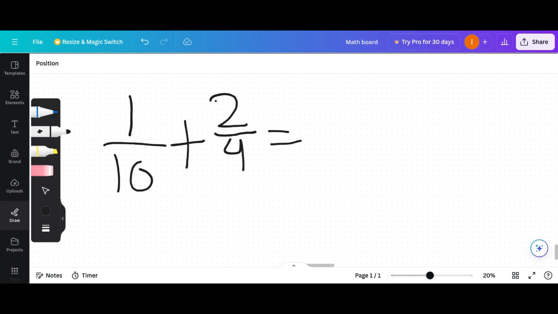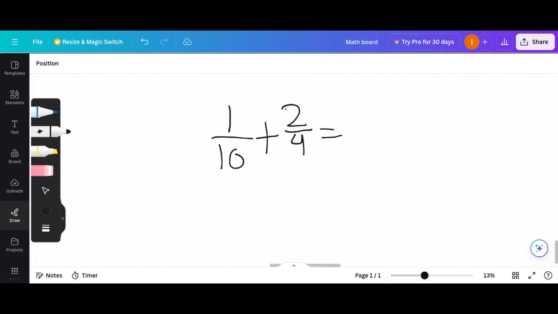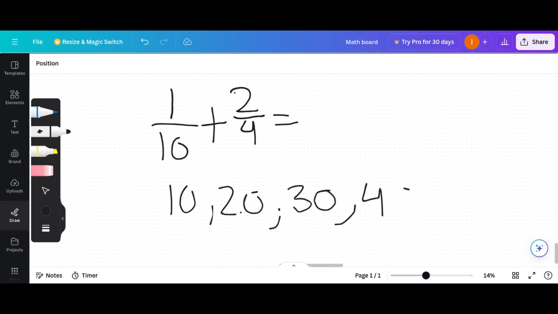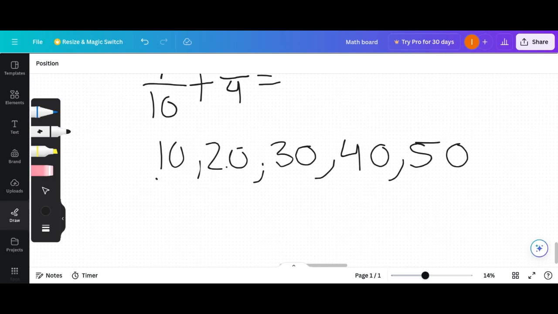If we skip count with both numbers, let me just put 10, 20, 30, 40, and 50. Let's just do 5 for each, okay? Then we got 4. We have 4, 8, 12, 16, 20.